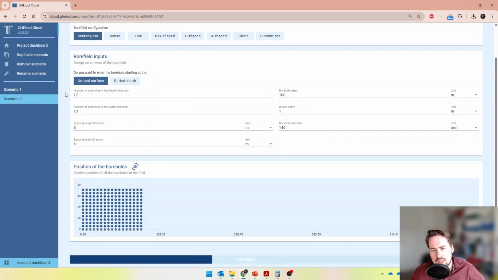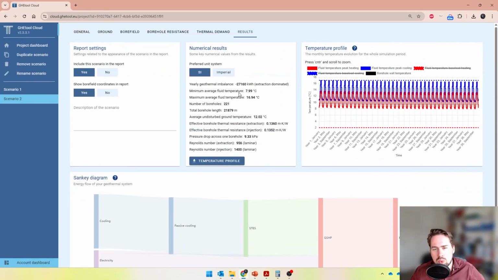Now, if we do so, you'll see that we end up with a temperature profile perfectly below our 17 degrees, but with a borehole length short of 22,000 meters.